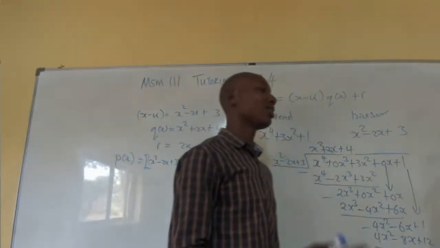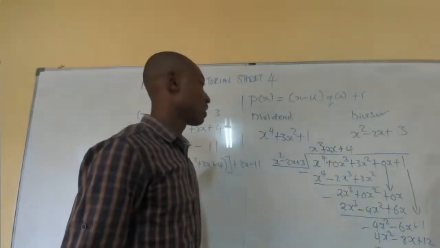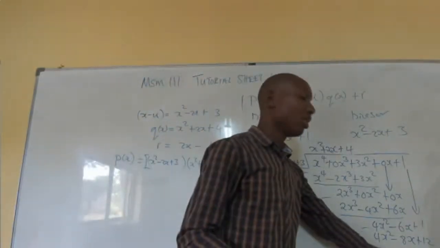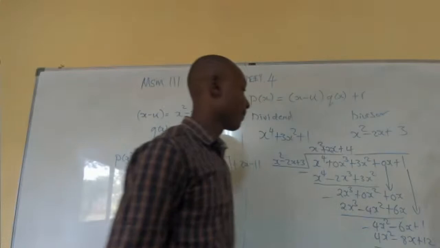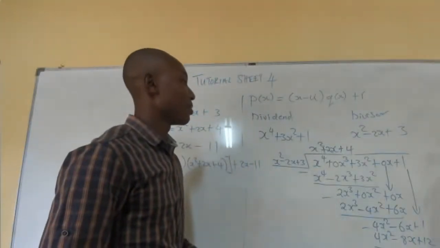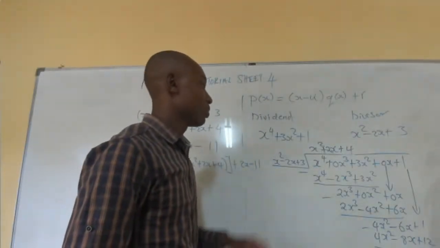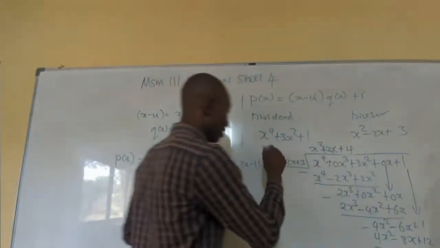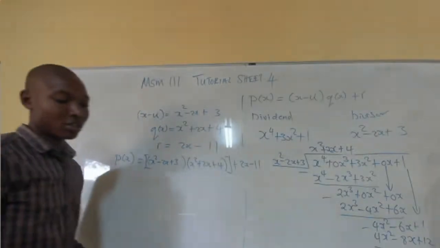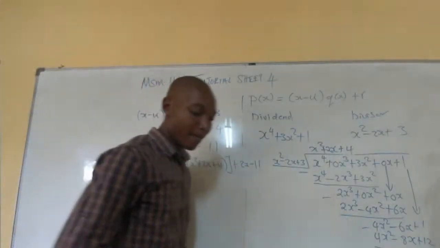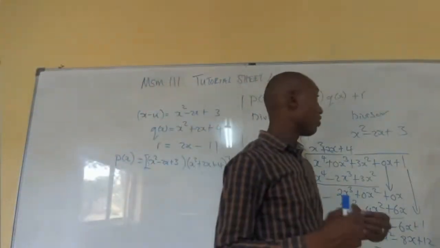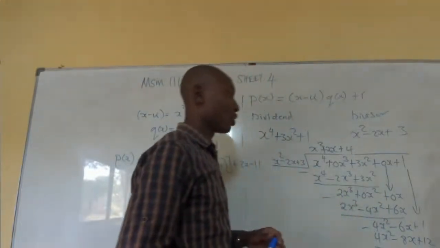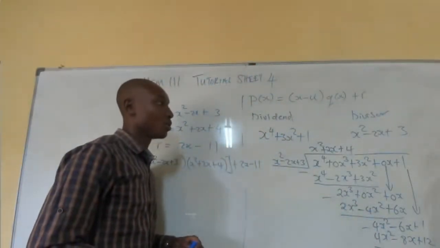So this is the reason why we actually ended here, as this was our remainder. So this is the remainder, quotient, divisor. Alright, so that suffices that question. Whenever you're given such questions, this is the approach which is expected of you.